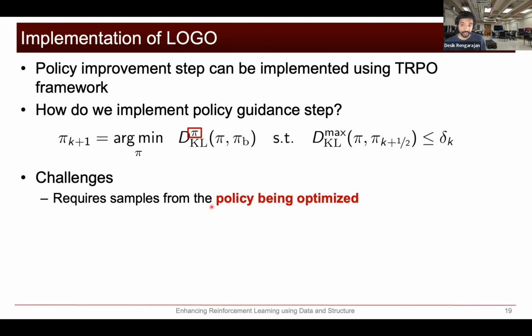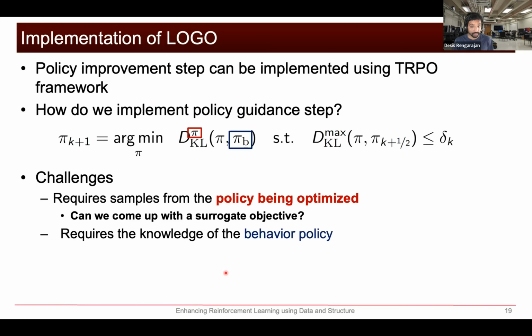What are the challenges that come with implementing this objective? Firstly, if you notice that we have a dpi-kl here, which essentially means that this requires sampling from the current policy that's being executed, which is hard to do. So the objective is, can we come up with a surrogate objective to this objective function where optimizing the surrogate objective is equivalent to optimizing this objective function mentioned here.